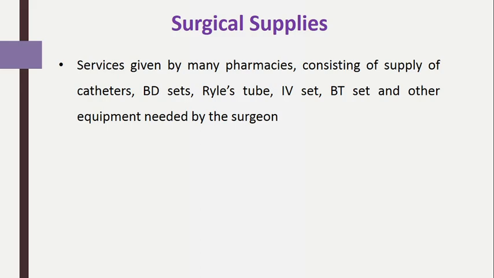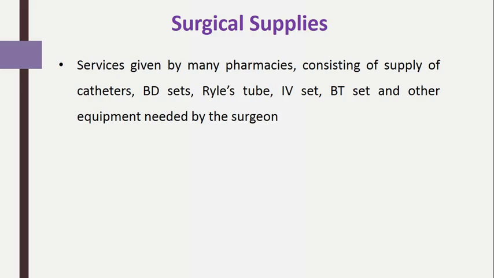So in this slide we will see surgical supplies. Surgical supplies is nothing but supplying the surgicals which are required in the hospital. This service is given by many pharmacies which are attached to the hospital or otherwise.